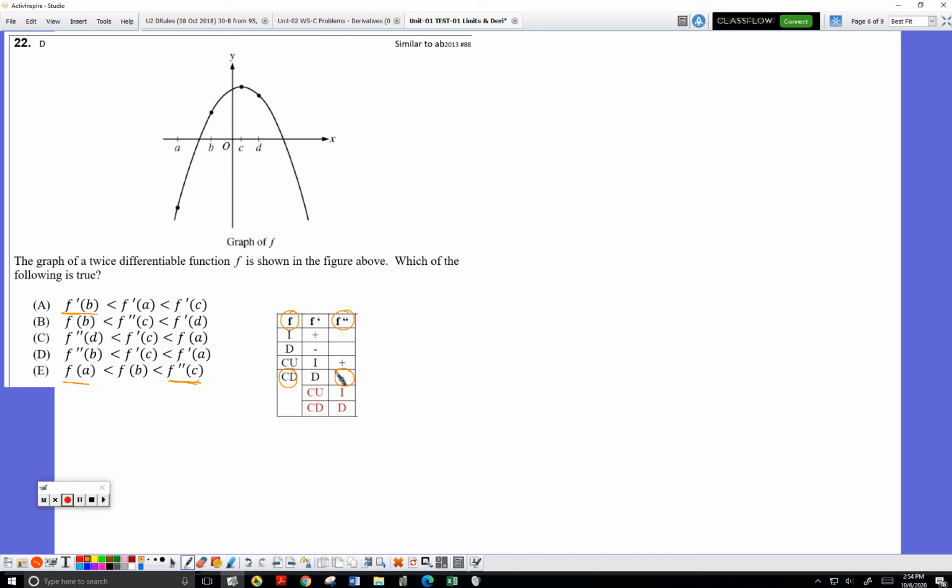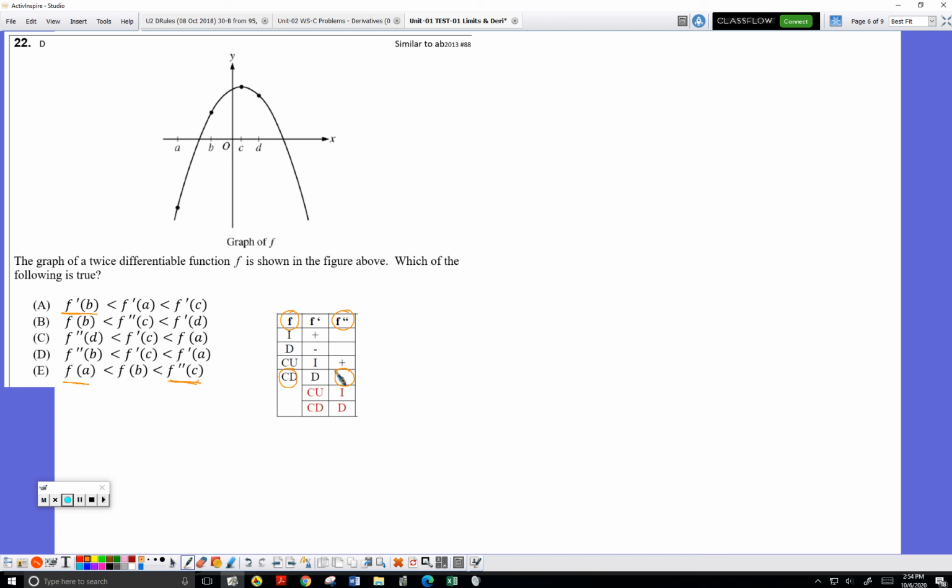Somebody continue with Caleb's thinking. Somebody else. Right hand. Please. Okay, so if f double prime has to be negative, it has to be either C or D. Pause for a second.